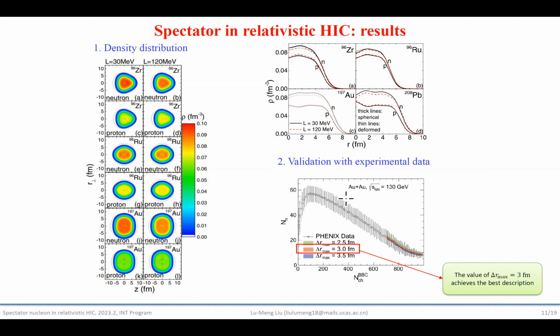This is a free spectator neutron yield of the gold collision. And this result shows the coalescence parameter delta r max equal to 3 fm achieves the best description of the gold data.